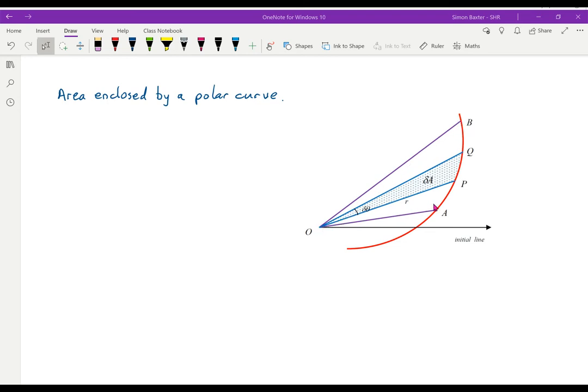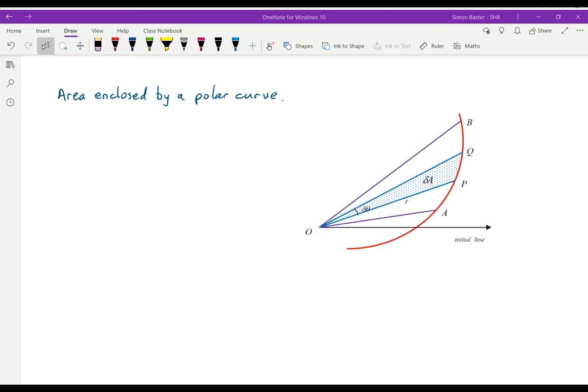So the first thing that we're looking at is a very different shape. We're no longer looking at something which could be thought of as a whole lot of rectangles down to the x-axis. Instead, we can think of this area as made up of lots and lots and lots of small sort of sectors. It's not quite a sector, because a sector, of course, would have a circle at the end.